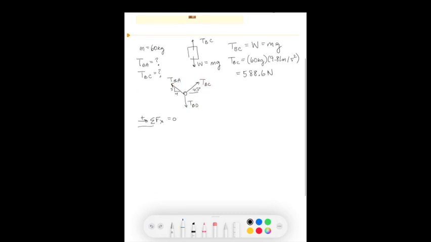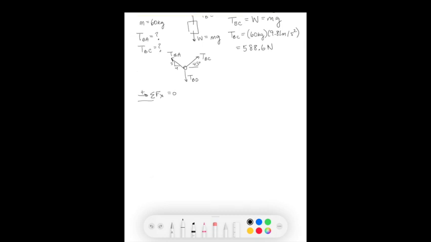So let's put in the positive forces first. So TBC, the x component of it is the cosine of 45 degrees, since we have that triangle. So 45 degrees, this is TBC in the x direction, TBC in the y direction.